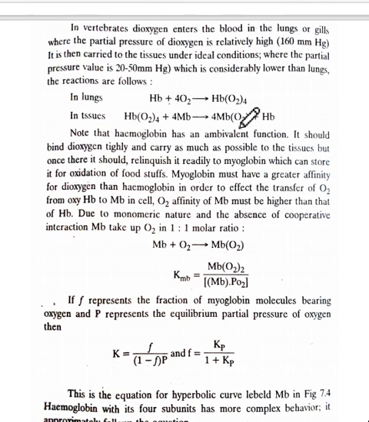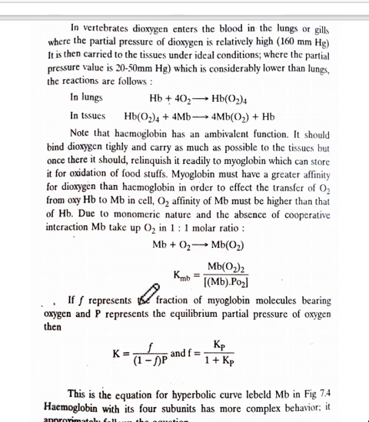Due to its monomeric nature and the absence of cooperative interaction, myoglobin takes up oxygen in a 1:1 molar ratio. Here myoglobin plus oxygen gives oxymyoglobin. Kmb is equal to [MbO2] divided by [Mb][PO2].